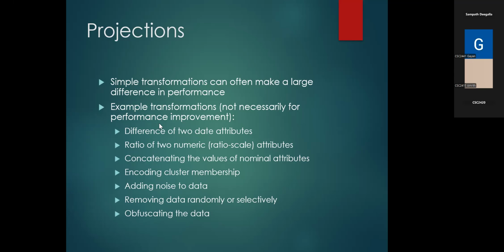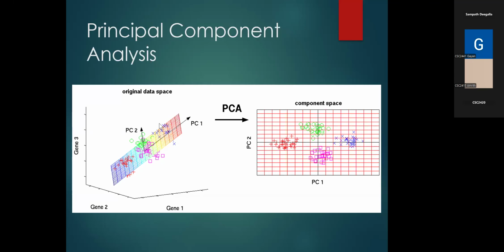But what I really want to discuss are some standard techniques. There's a very interesting, commonly used one called principal component analysis. In simple terms, I'm not going to go into the mathematical basis of that one.